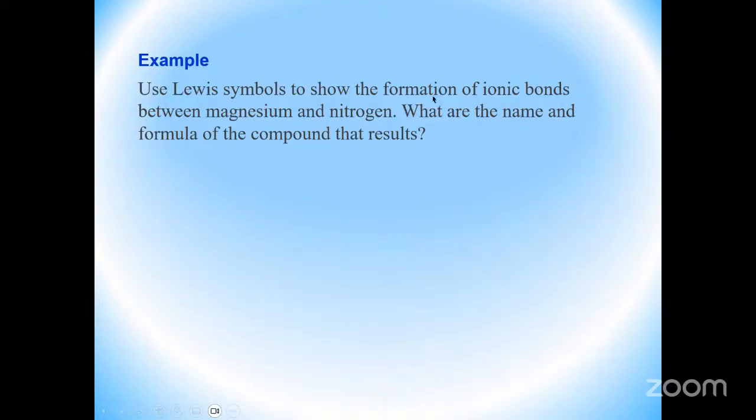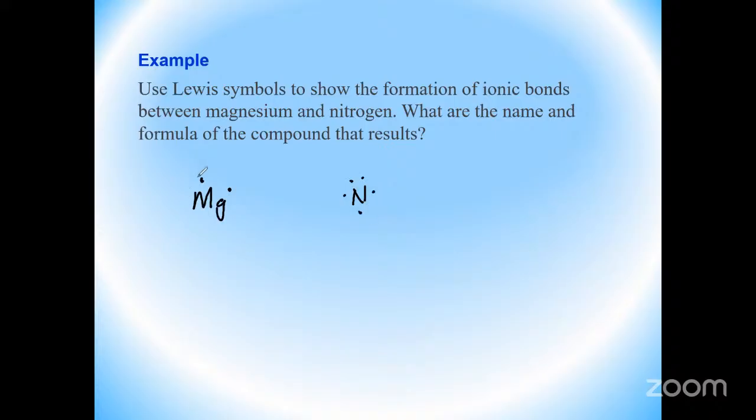So this question says, use Lewis symbols to show the formation of ionic bonds between magnesium and nitrogen. What are the name and the formula of the compound that results? So the Lewis symbol for magnesium is that, and the Lewis symbol for nitrogen is this, all right?